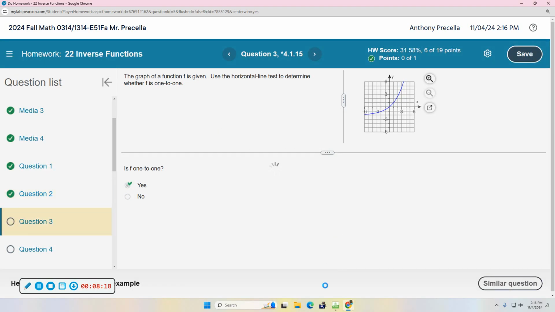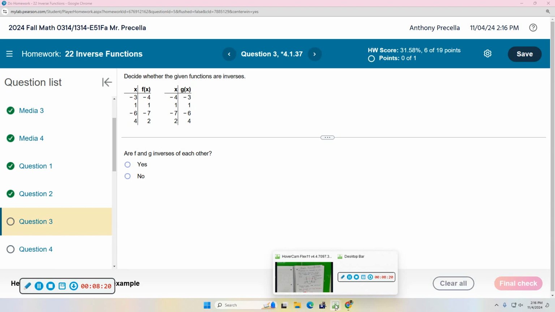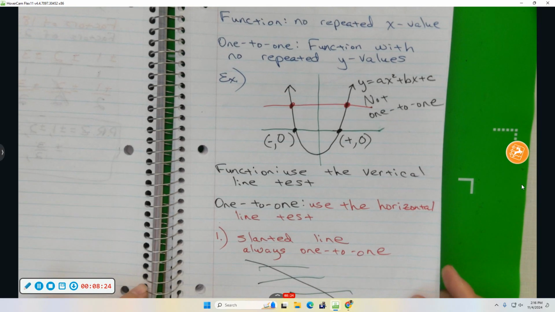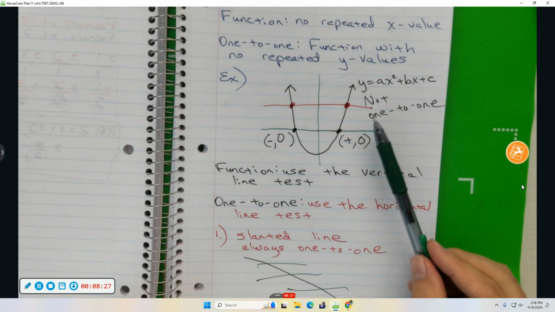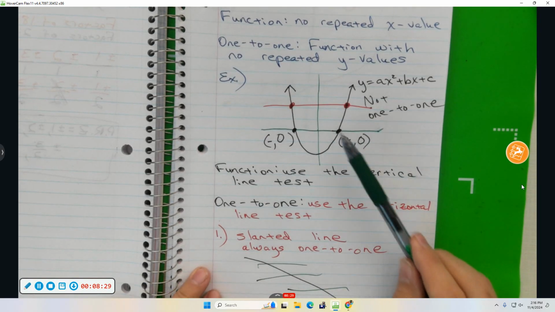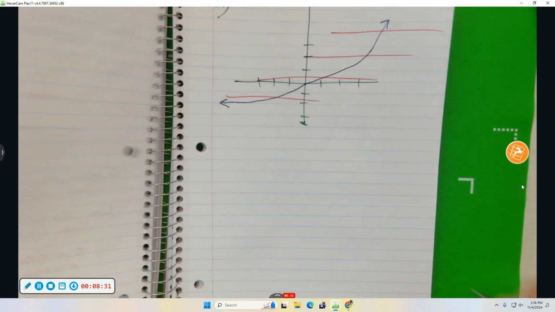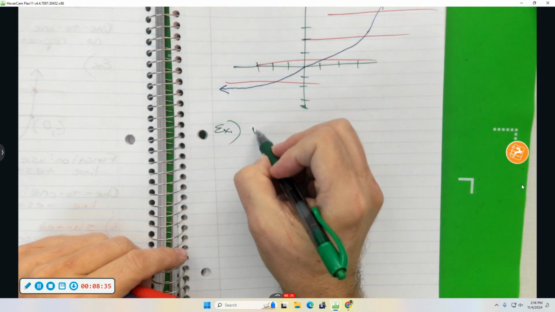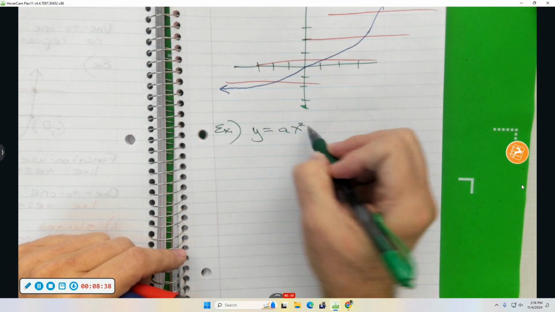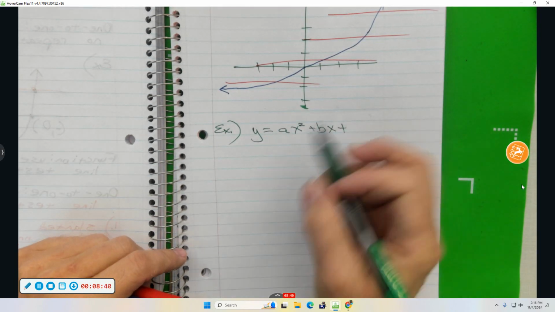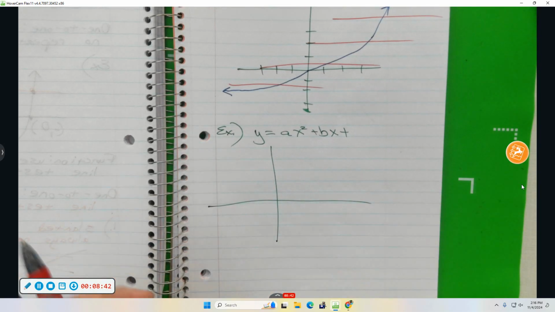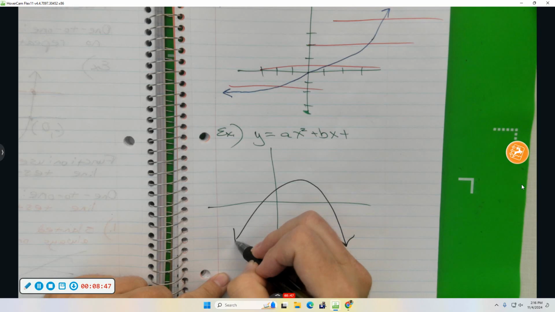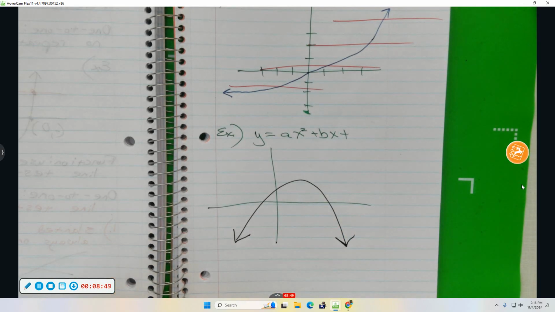Before we go on, I want to make a general statement for quadratic functions, whether it's opening upward or opening downward. Any quadratic function, y equals ax squared plus bx plus c, even if one's opening downward, is it 1-to-1?